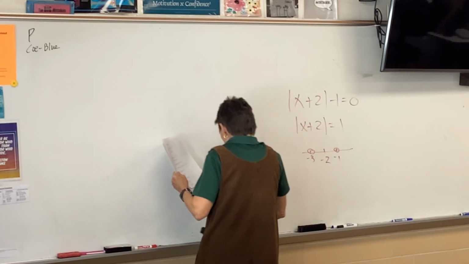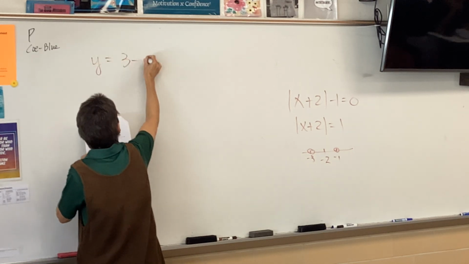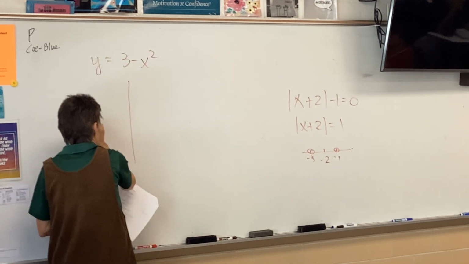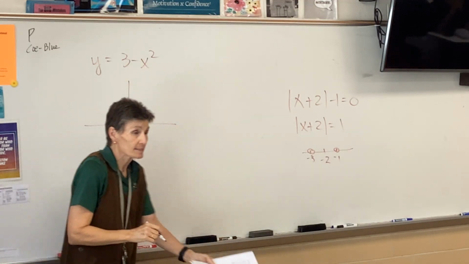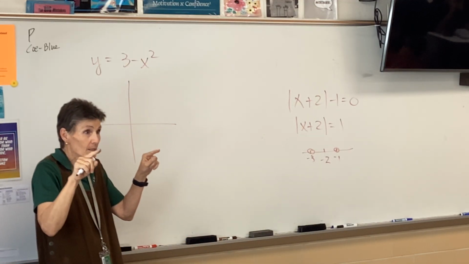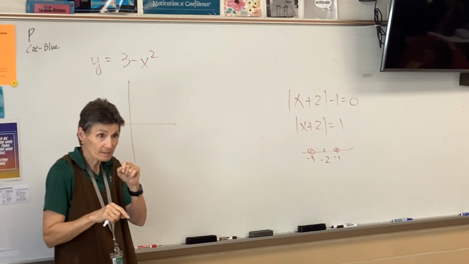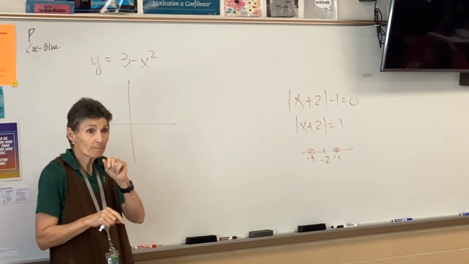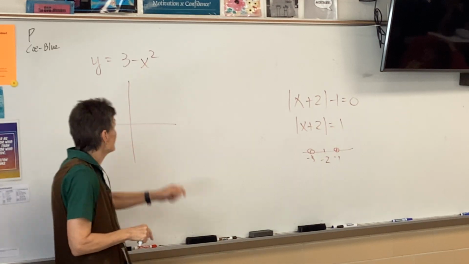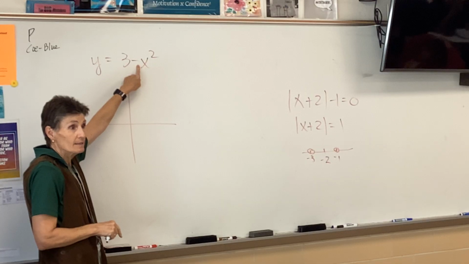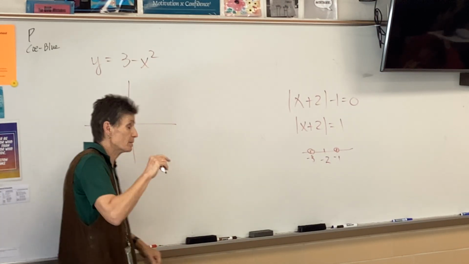So, can anybody tell me what this looks like? Okay, it's definitely a parabola because x squareds are parabolas, right? Good? It's upside down because there's a negative, and shifted up 3.